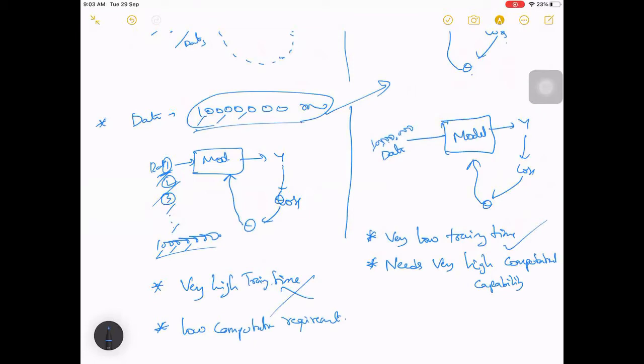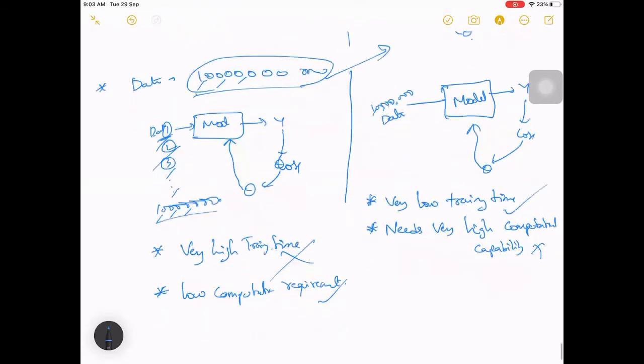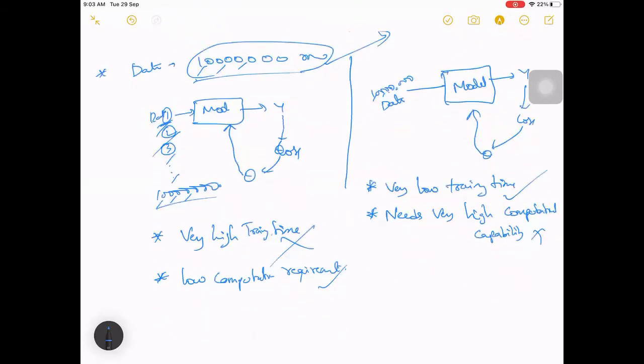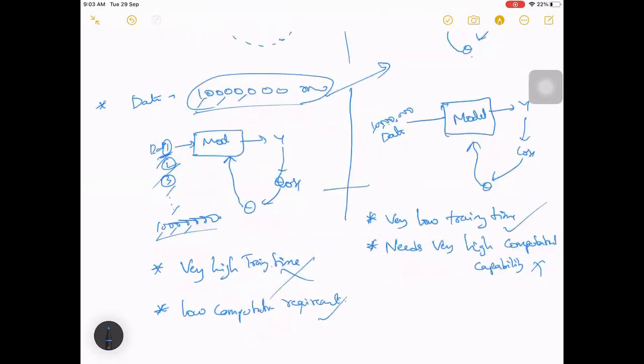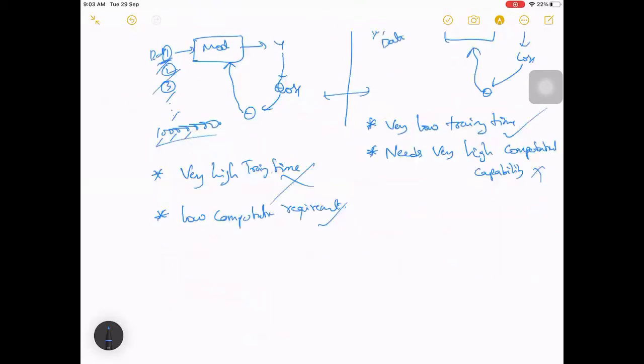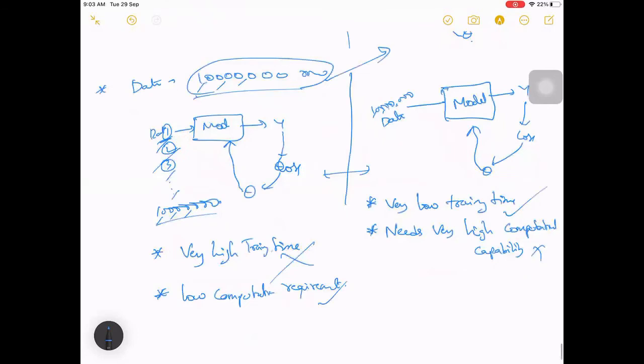But both have one drawback and one advantage. So which one to use? That can be a question. What we do is we don't use either of these; we go for something in the middle of these two. So can someone guess what solution we can use that takes the best of both worlds?